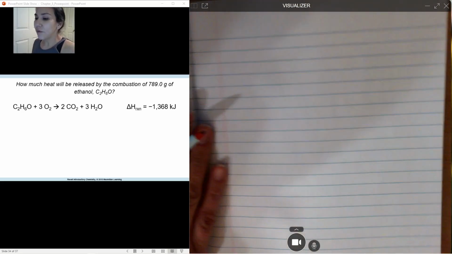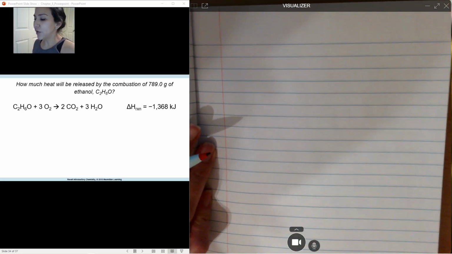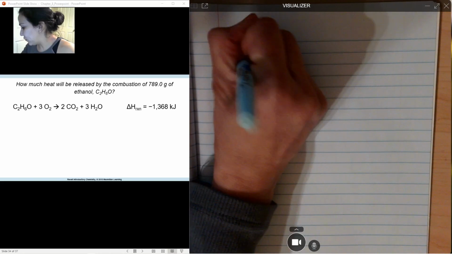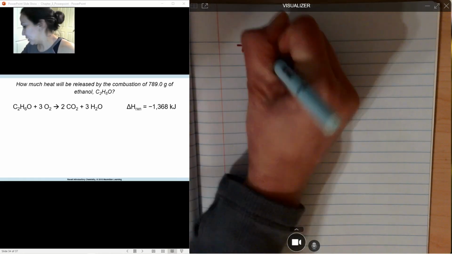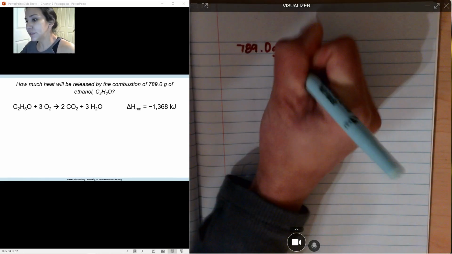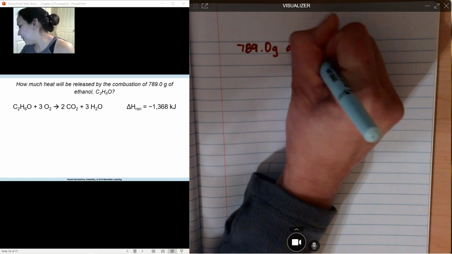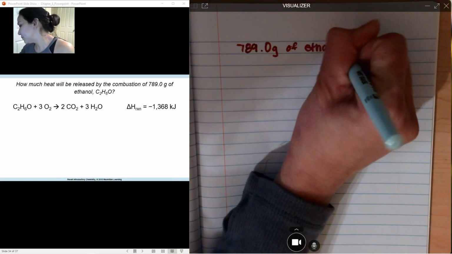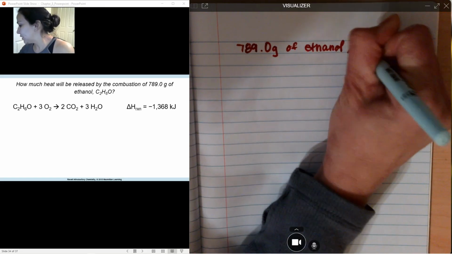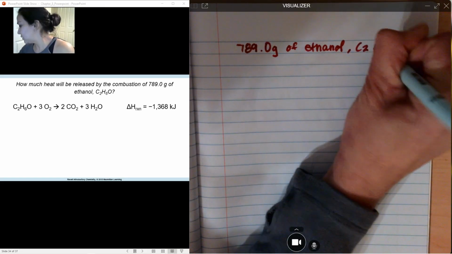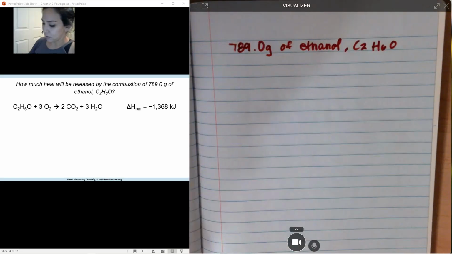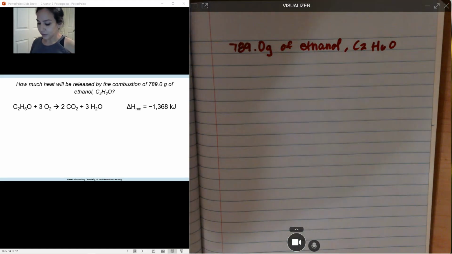So let's go ahead and go over this problem right here. How much heat will be released with a combustion reaction of 789.0 grams of ethanol, which is our C2H6O? Something very important that it told us: it didn't really give us a lot of information, but at the same time, it did if we can decipher it.